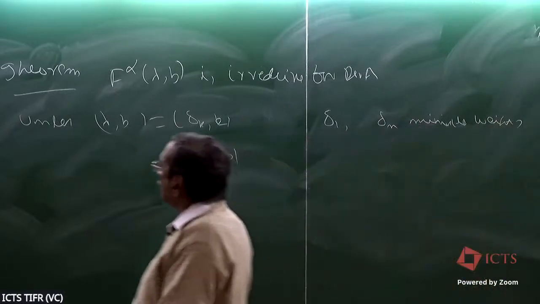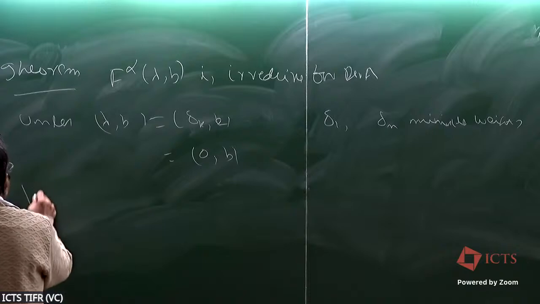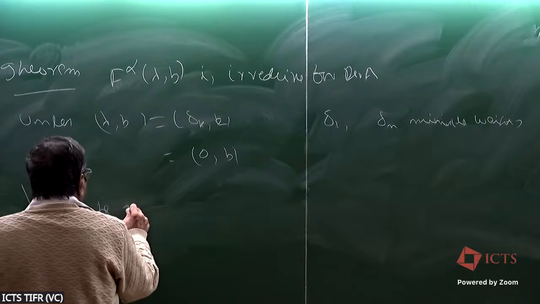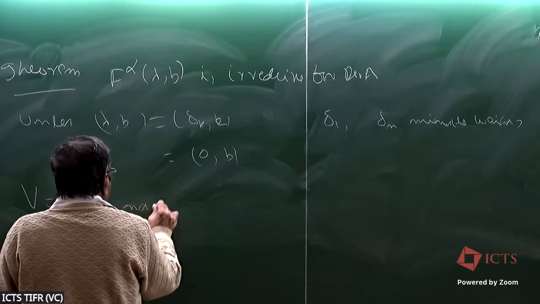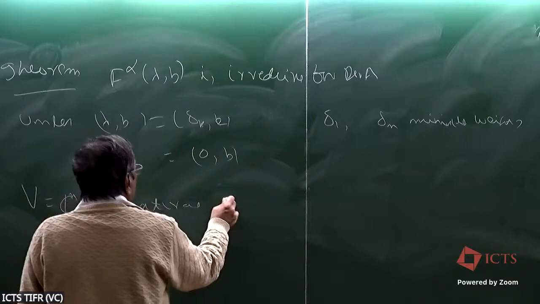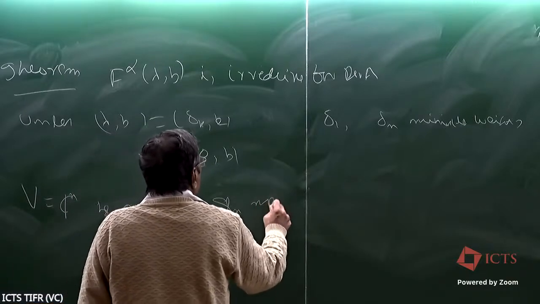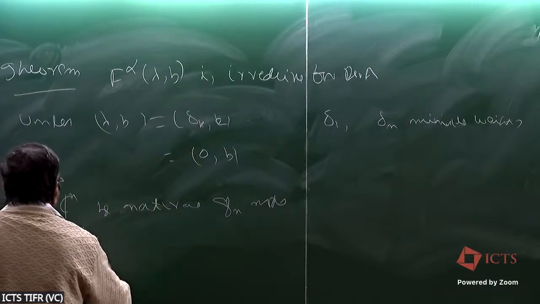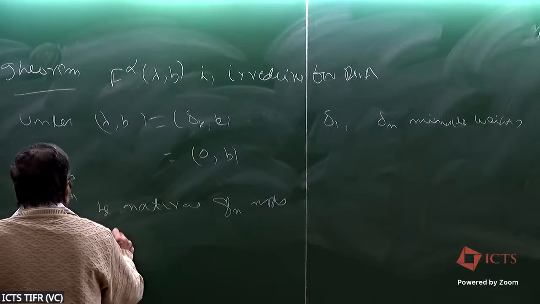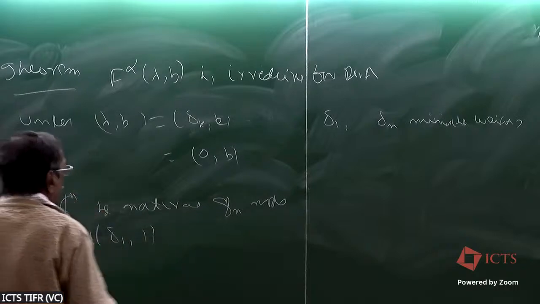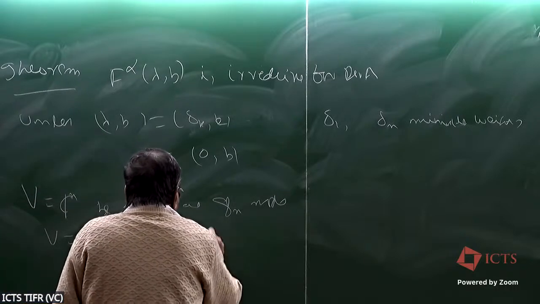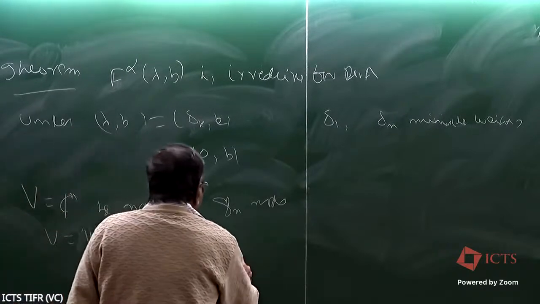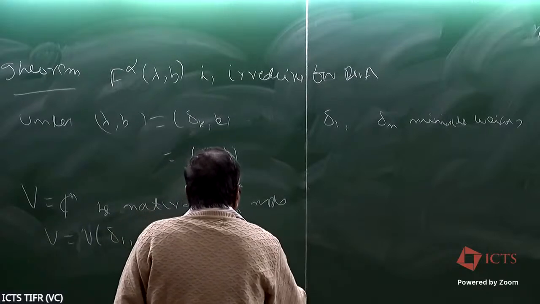Okay. Now you take V to be C^n, the natural GL_n module. Then what we know is V is equal to V(delta_1), and also you take the kth exterior product of V, and this is known to be equal to V(delta_k).